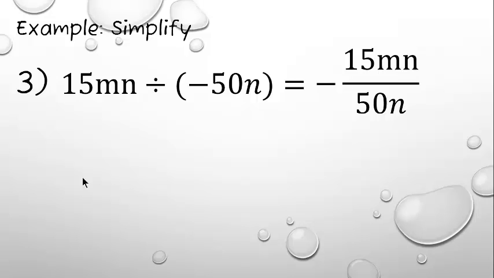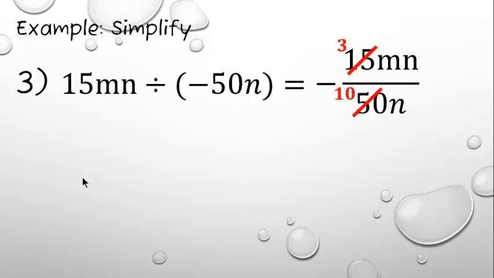Now, when we start off, a positive number divided by a negative number gives a negative answer. So we have negative 15mn over 50n. We can bring that negative sign out the front. Now, looking at 15 over 50, 5 goes into 15 3 times, 5 goes into 50 10 times, so we have 3 over 10.